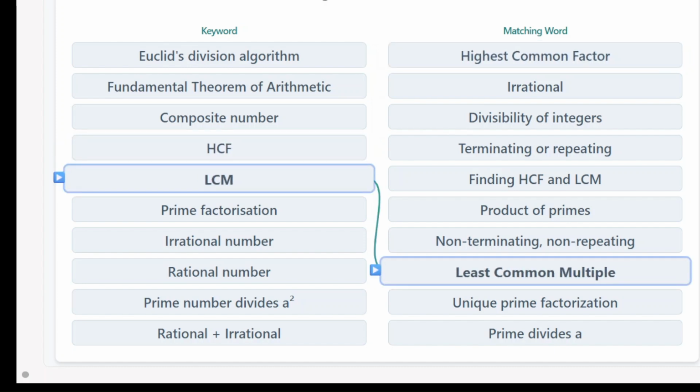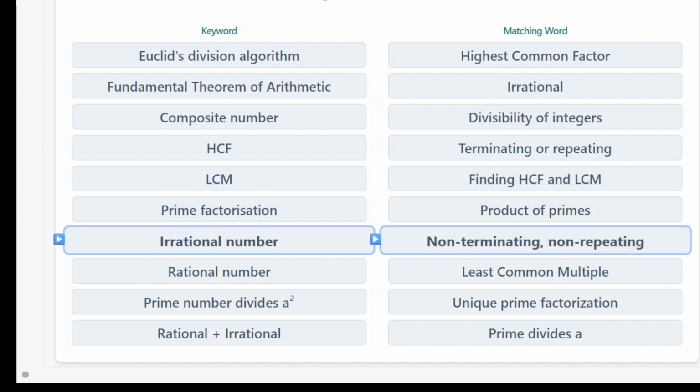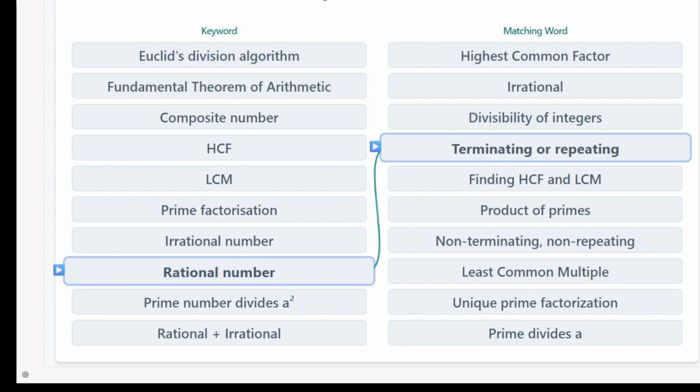LCM. Least common multiple. Prime factorization. Finding HCF and LCM. Irrational number. Non-terminating, non-repeating. Rational number. Terminating or repeating.